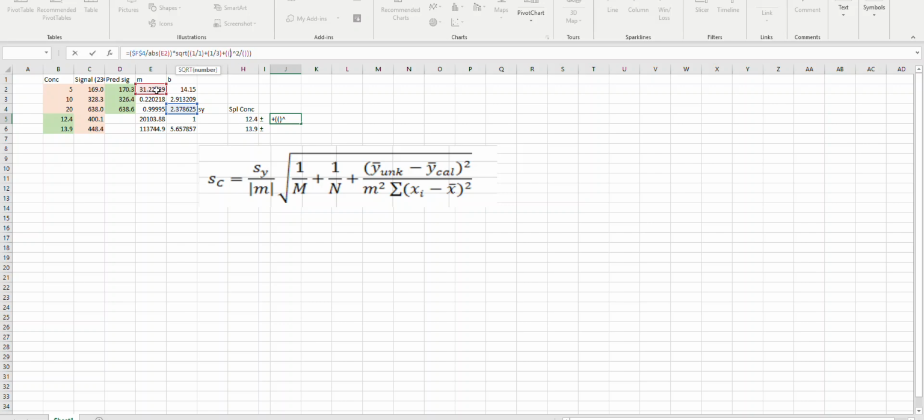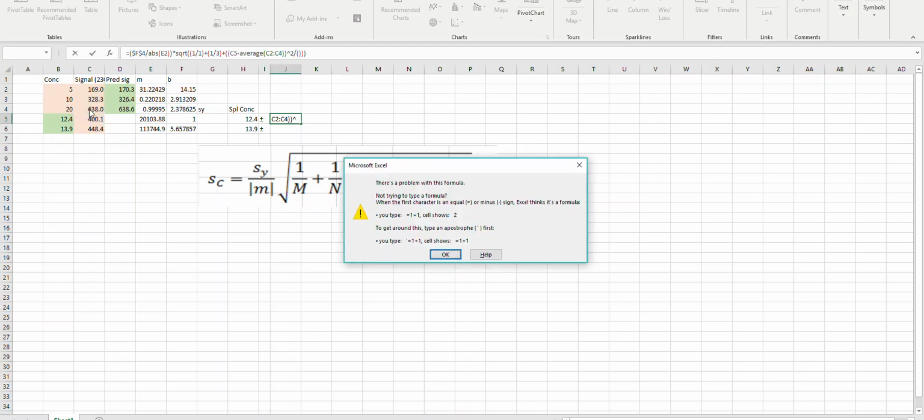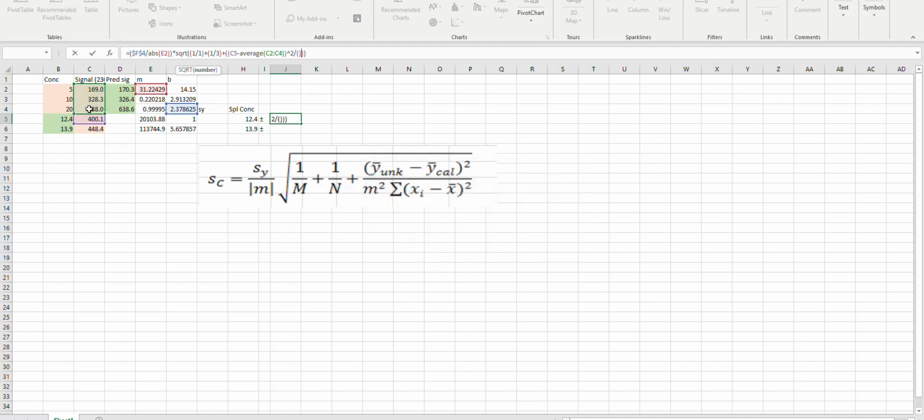So Y unknown is going to be the signal. We're going to subtract the average of Y cal, right? And then that term is squared. Right?